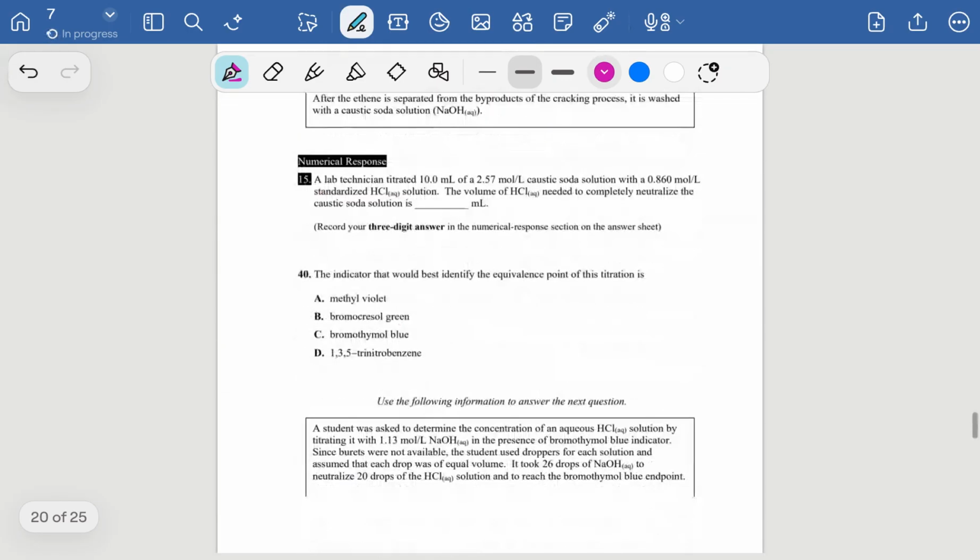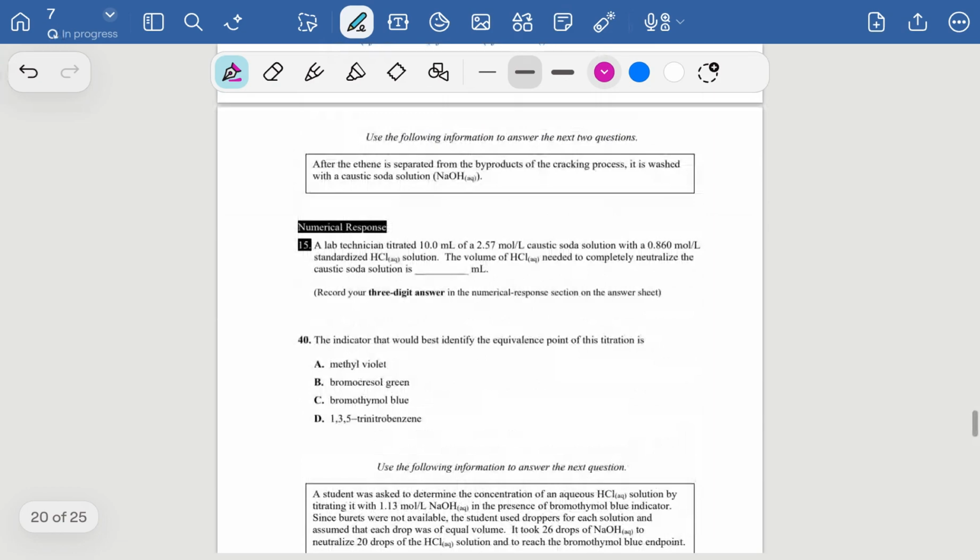So our next question here is another titration question. This time we have NaOH reacting with HCl, so that is a 1-to-1 ratio. So this one is overall, I think, pretty simple in terms of figuring it out. So 10 mL, let's change that into liters, so 0.01 liters, multiply it by your base, 2.57 moles per liter.